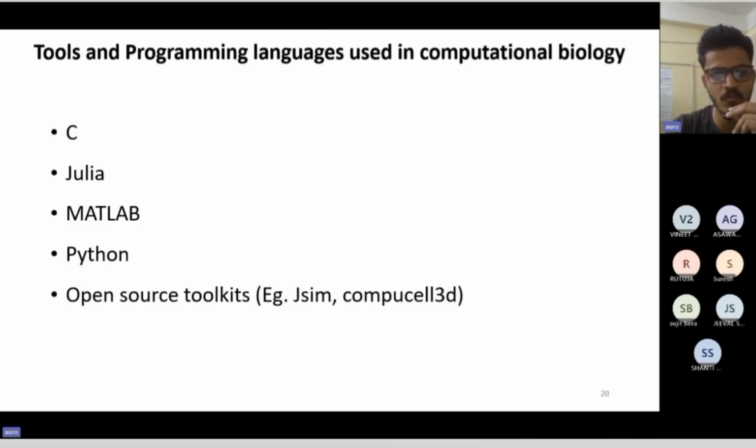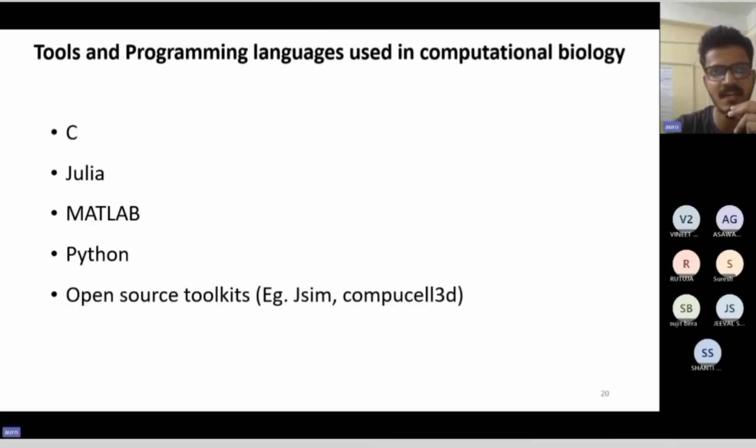Sometimes you can use open source toolkits like COPASI. It is for ODE-based models, like the predator-prey model I showed you. If you have a differential equation, you can write that and you don't have to solve it; numerically, your computer will do it, and you can study your system's behavior using those tools.